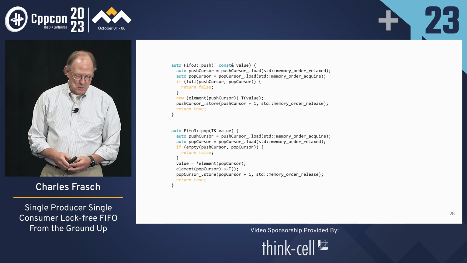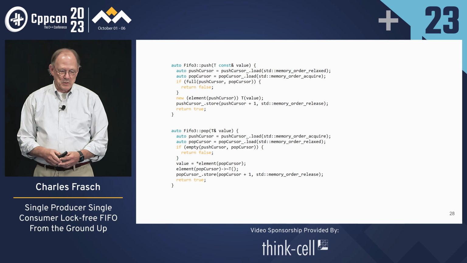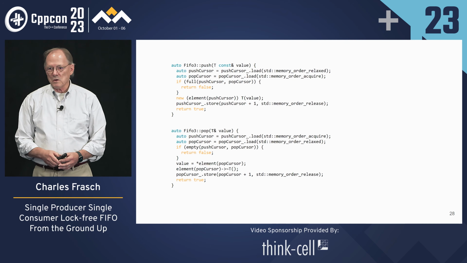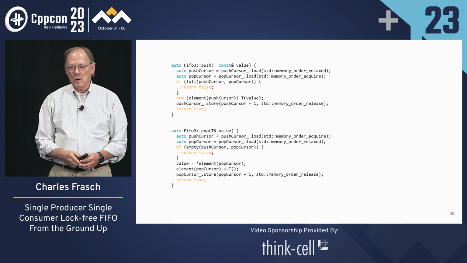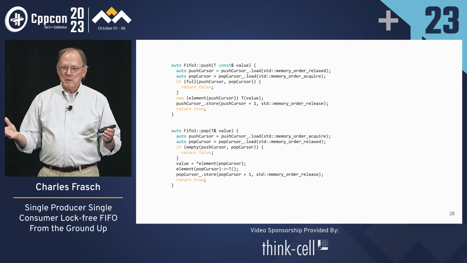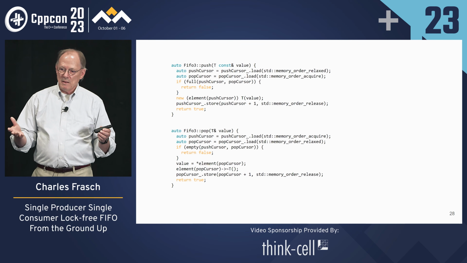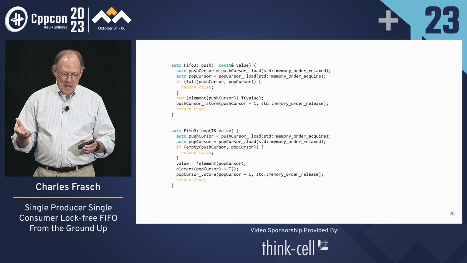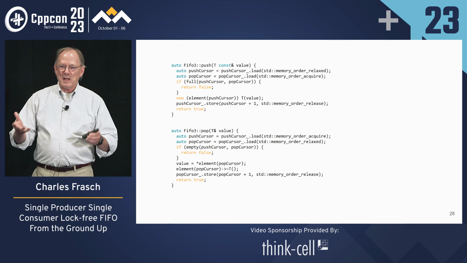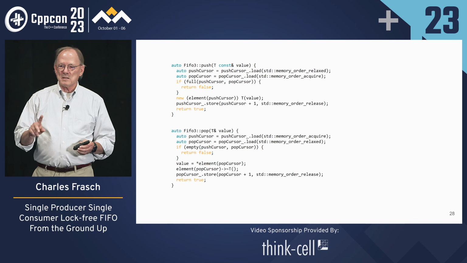And the way this works is we can load the push cursor using what's called memory_order_relaxed. And because the push cursor is only stored in the push thread, we can do that. And what it means is that it's basically just a plain old ordinary load, but it's an atomic load.